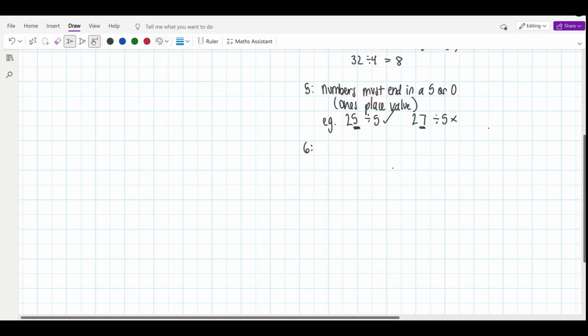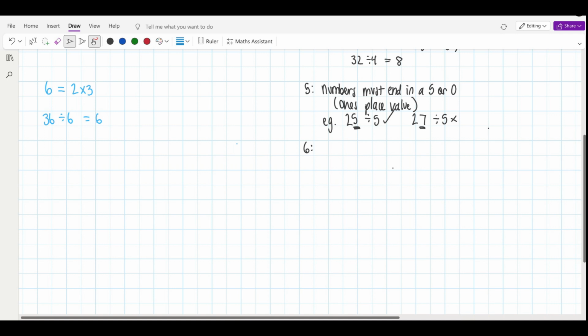For a number to be divisible by 6, we know that 6 is made up of 2 times 3. So if we have a look at 36, which is divisible by 6, we know this because it's one of our squares. 36 divided by 6 is 6.